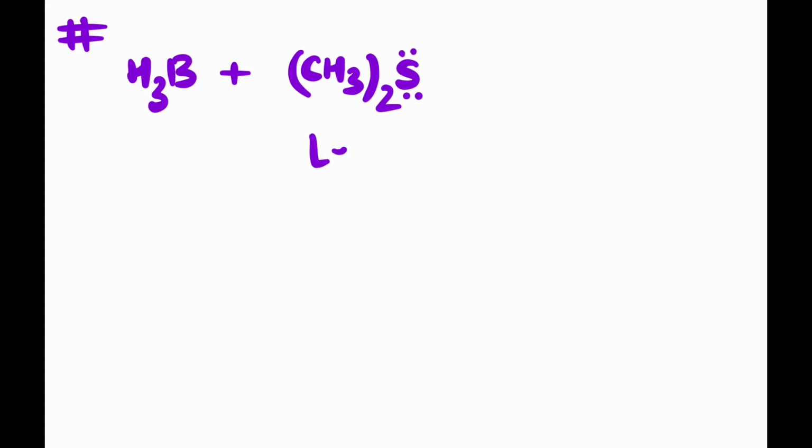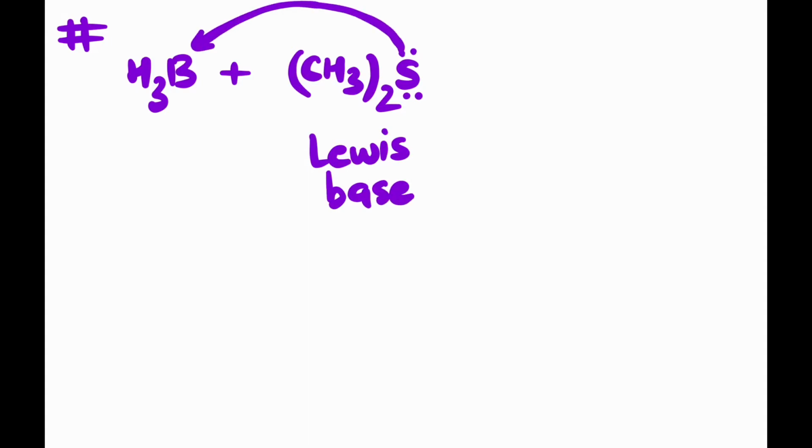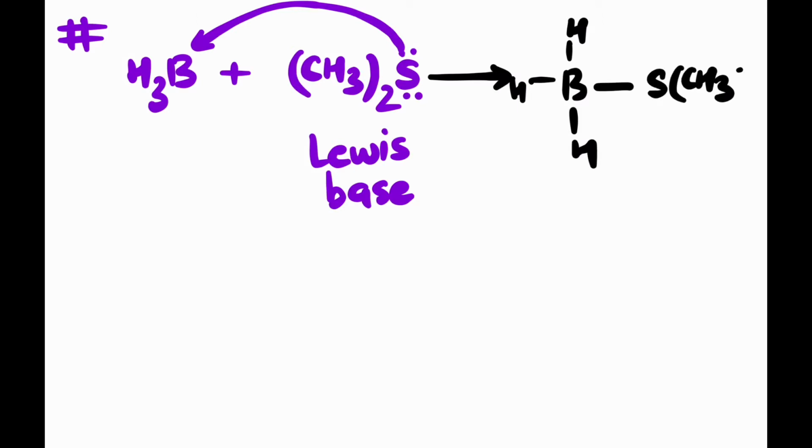It has a lone pair, so it will act as a Lewis base. It will donate its lone pair into the vacant p orbital of this borane to form H3B minus S(CH3)2 plus.